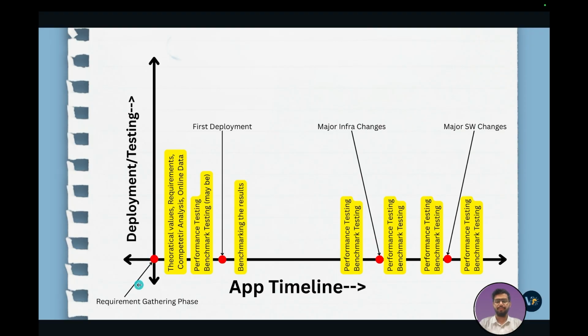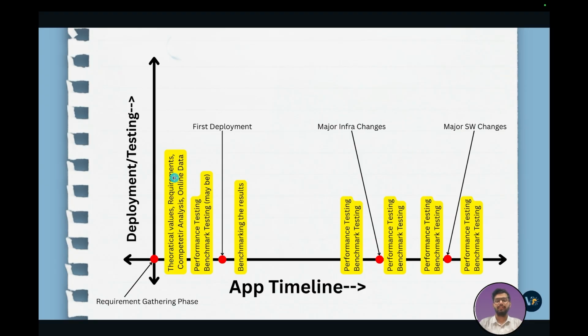In this phase, before we deploy the first version of the app, there are certain things that we must gather, like theoretical values for our performance testing parameters, or key performance indexes. For example, response time and latency are key performance metrics.